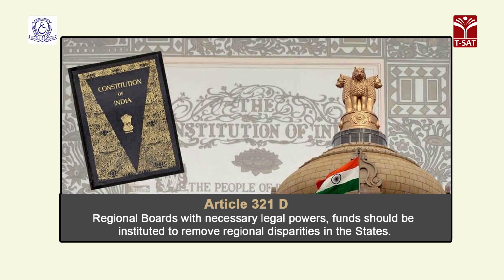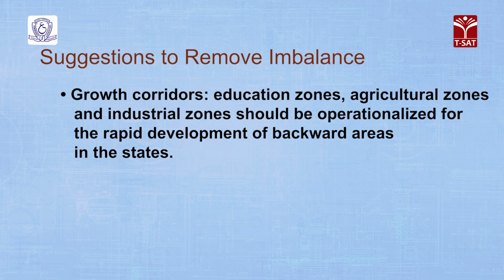As per Article 371D of the Indian Constitution, regional boards with necessary legal powers and funds should be instituted to remove regional disparities in the states. The growth corridors, which comprise educational zones, agricultural zones and industrial zones, should be operationalized for the rapid development of backward areas in the states.